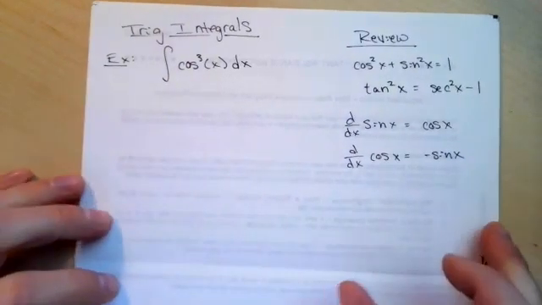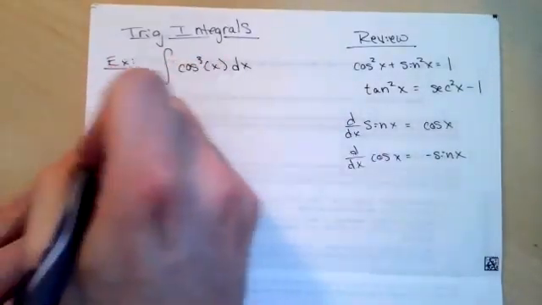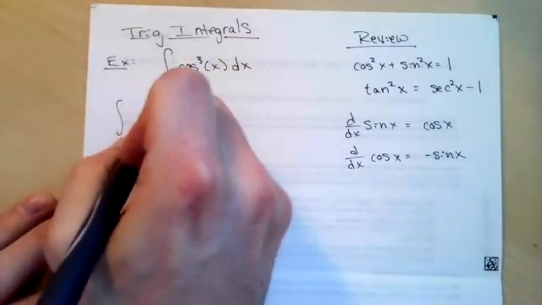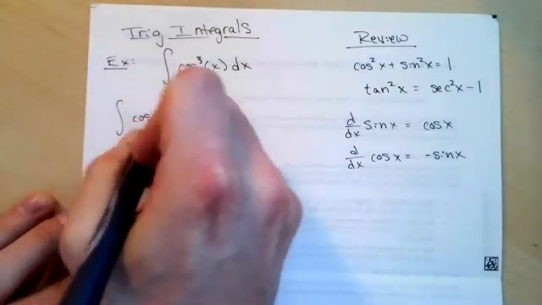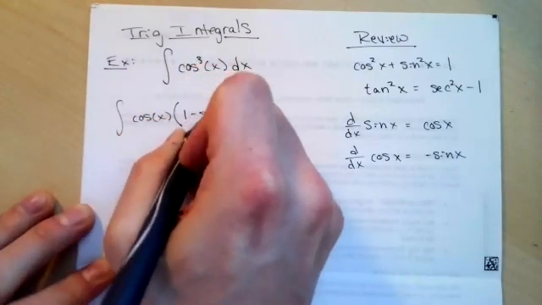So let's see what I mean by that. So if I have 3 powers of cosine, that's going to be cosine squared times cosine. And we can convert 2 powers of cosine into 1 minus sine squared.